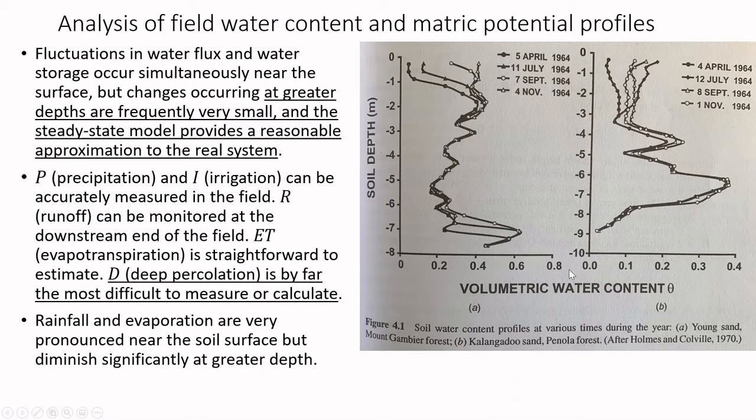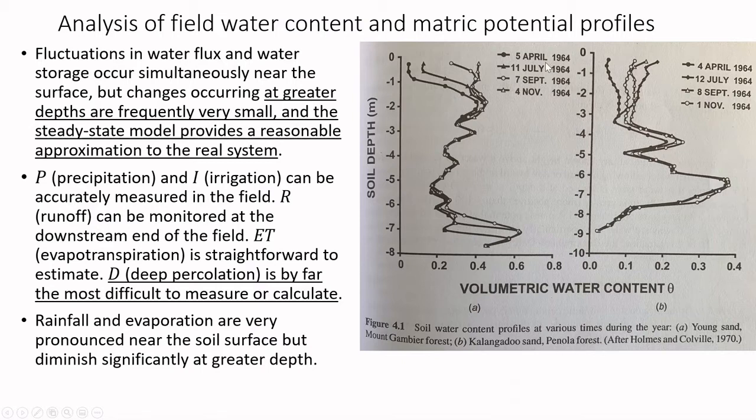And then they found that the volumetric water content changes with the depth. Figure A is a young sand from Mount Gambier Forest, and figure B is a Kalangadoo sand at Penola Forest.